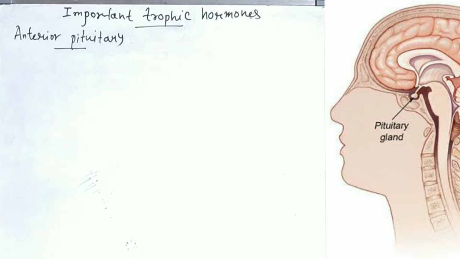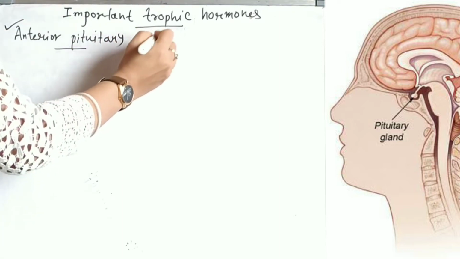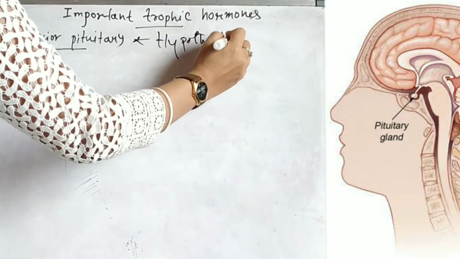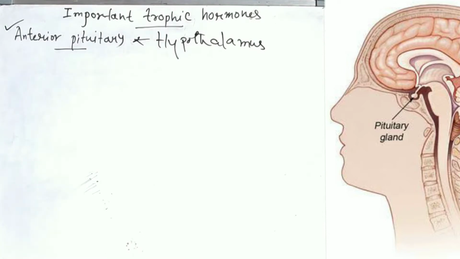Today I will discuss important trophic hormones. Generally, we know that the trophic hormones are released from the anterior pituitary by the stimulation of what? Hypothalamus. So how does the hypothalamus stimulate the pituitary gland?